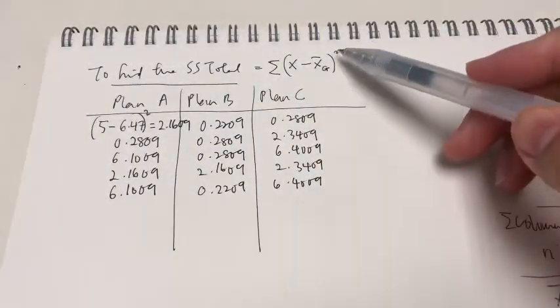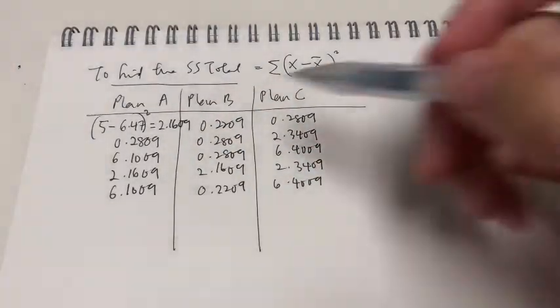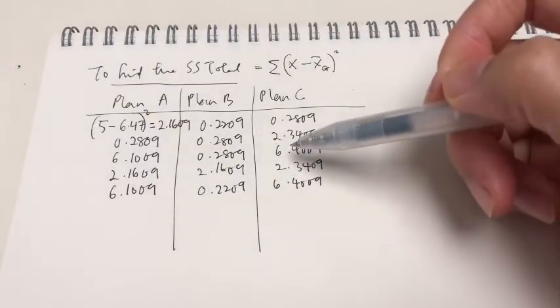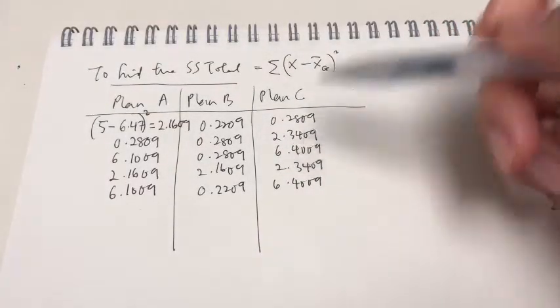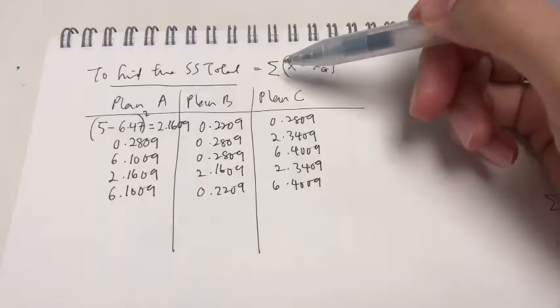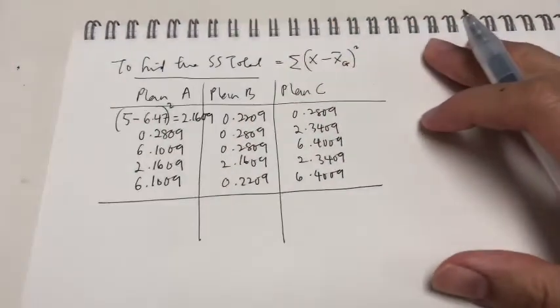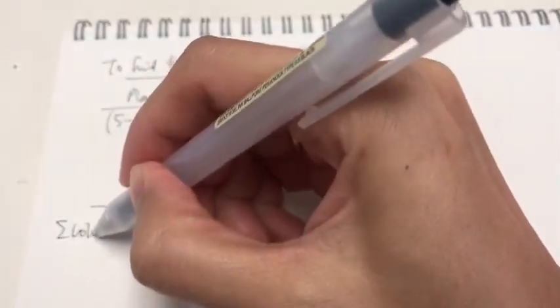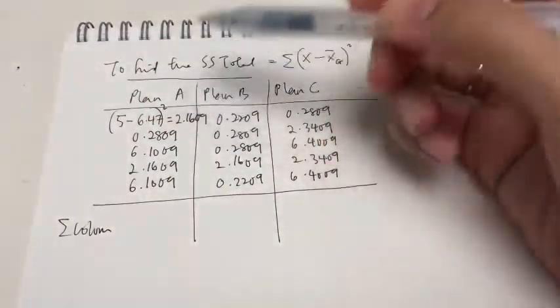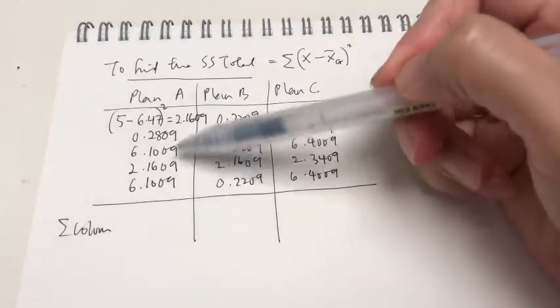These are basically the squared differences. What we need to do now is find the sum of the squared differences. To do that, we can go by column, so we add it all up. You can take a calculator and add all of these up.